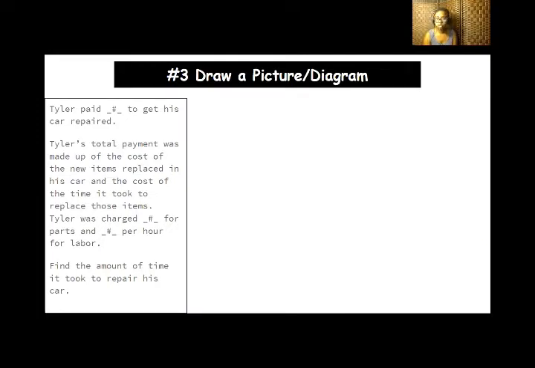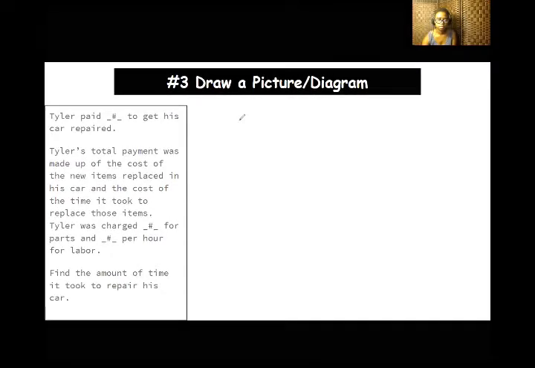So let's draw a diagram, okay? Let's draw a picture of what we can use to help us understand what this is saying and what we're about to do. So we know that the total amount he paid was a certain number, okay?